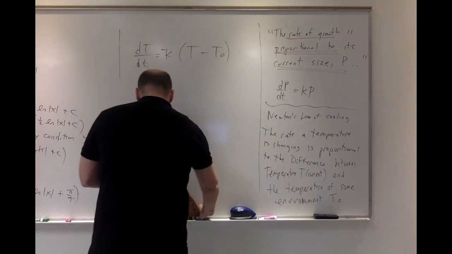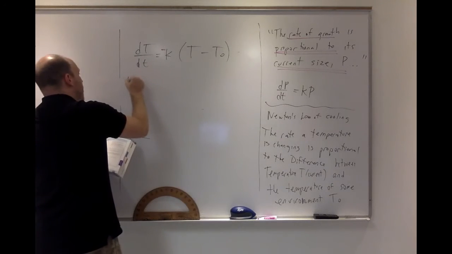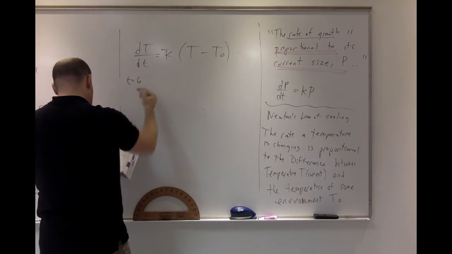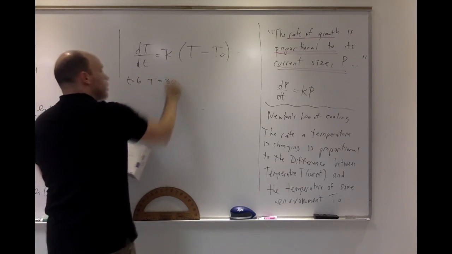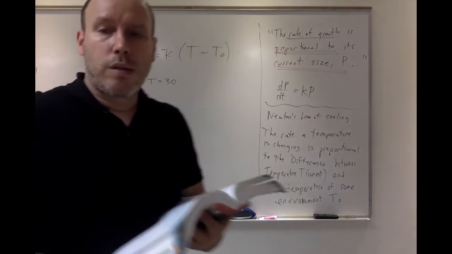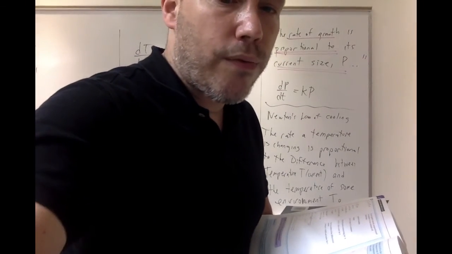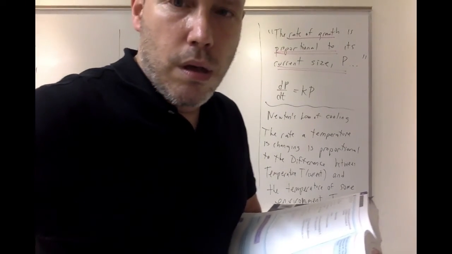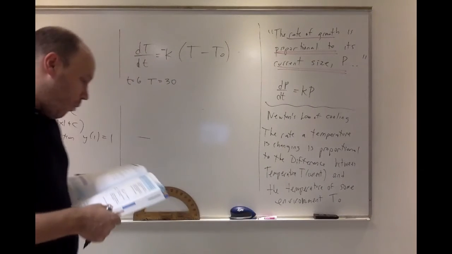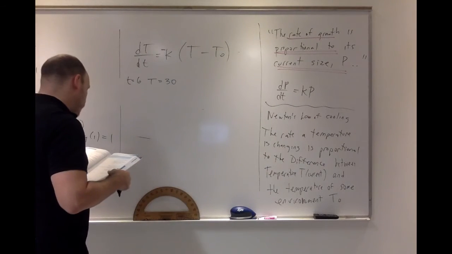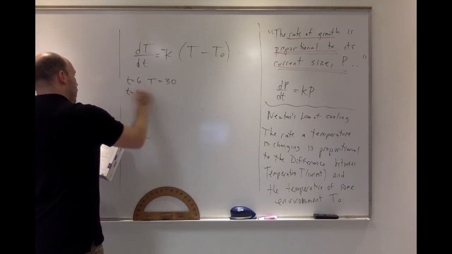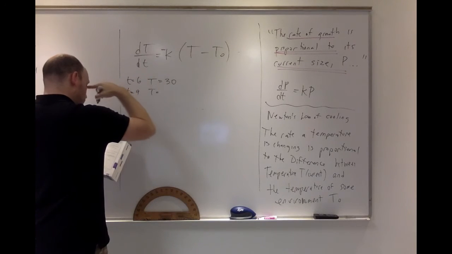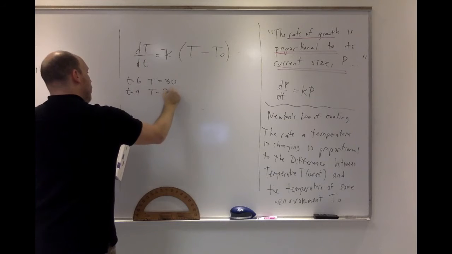So at time 6, that's t equals 6, what do we know? We know the temperature was 30 degrees. What's some other information we have? We know that 3 hours later, the temperature dropped to 26 degrees.